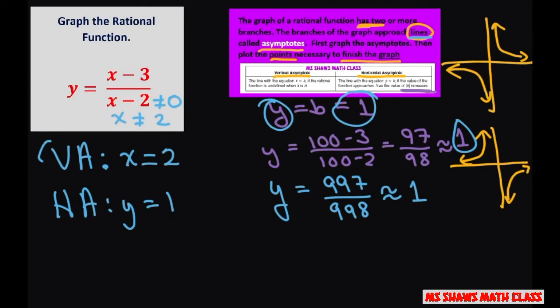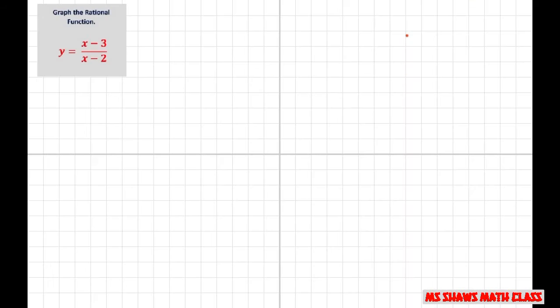Now all we have to do is plot these 2 lines, and then we're going to pick a few points to get an idea of the graph. So let's plug in x equals 2. And also y equals 1.